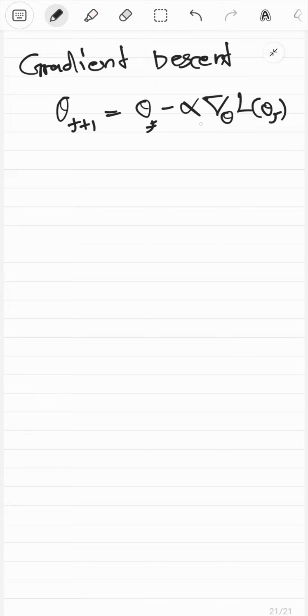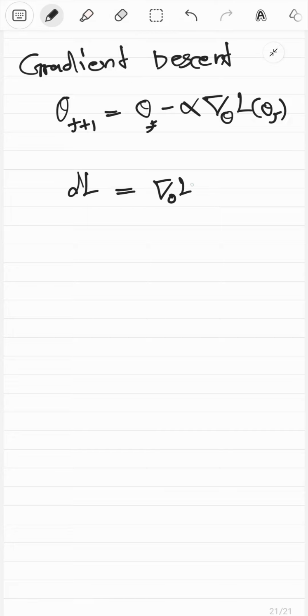You descend along the path of highest ascent, which is the gradient. Pretty obvious, because you have dL equal to nabla theta L transpose times d theta, just a dot product. So obviously your dL is maximized whenever your d theta is in the same direction as this vector, and so that's the direction of the steepest ascent.